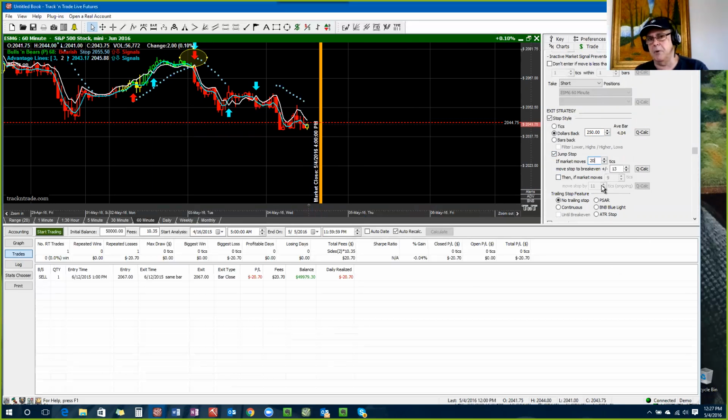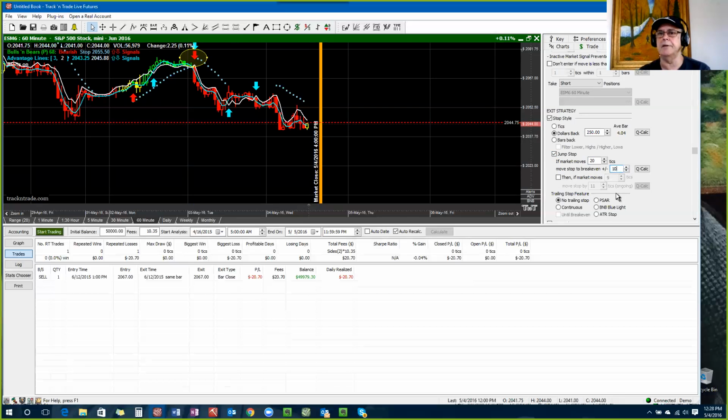Then if you're ahead $250, it's going to move your stop down 13 ticks. Let's change it to 10. So it's going to go to break even plus 10 ticks in your favor, which is $125. So you would go to break even and then $125 below that, and that's where your stop would be.